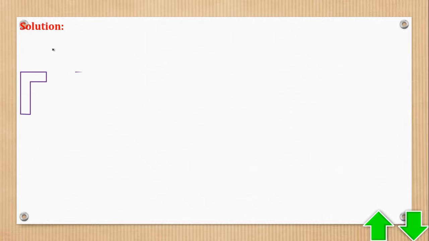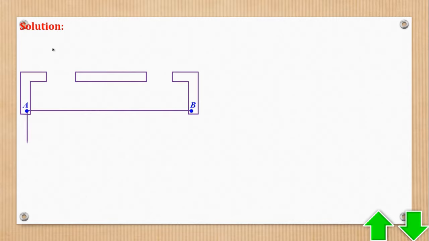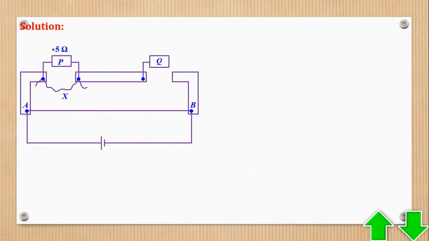So let's first redraw and we put that wire X. So that means that this wire X and this resistance of P are in parallel.